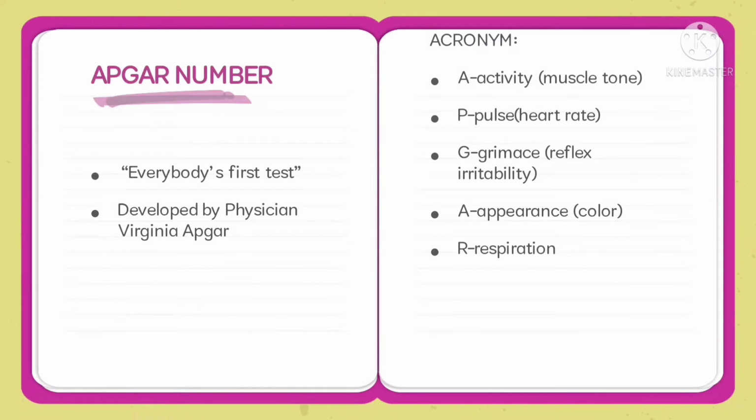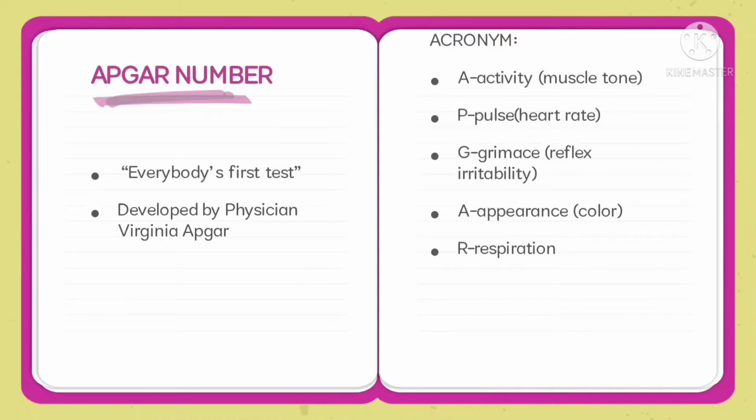For example, with respect to the variable of reflex irritability, the infant will earn a score of 2 for a vigorous cry in response to the stimulus, a score of 1 for a grimace, and a score of 0 if it shows no reflex irritability.